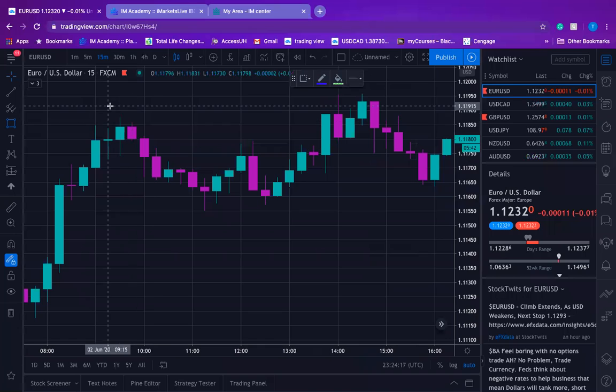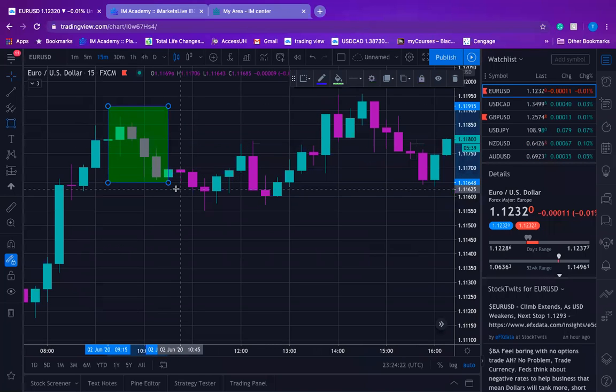So now, last one. What would you call this one? Where is the entries for the buy above? Okay, what is this one called? What is this candlestick called? Boom. Thank you. Loving it.